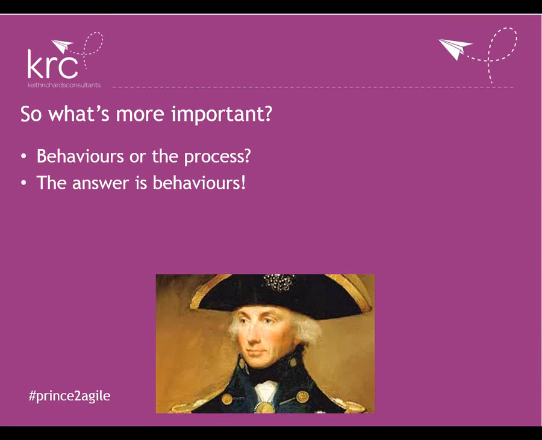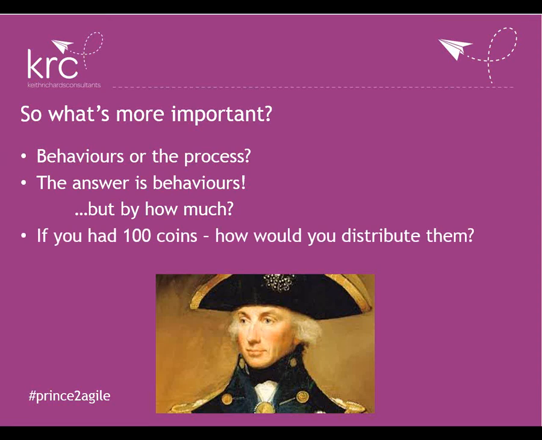So behaviours being much more important than process. But here's the tricky bit: how much more important do you think it is? I don't want to give you any numbers to influence you, but I'll be very interested in your view. As an experiment, imagine you had 100 coins on your desk, 100 euros or pound coins. One side of the desk is how important behaviours are: principles, ethos, attitude, the people stuff.